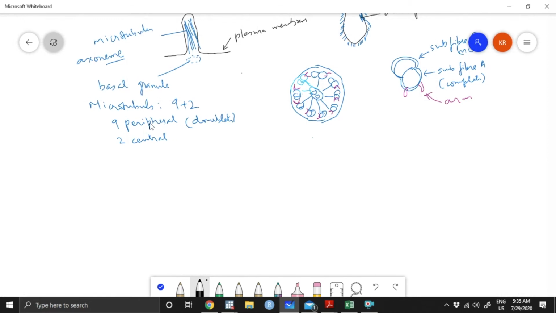So microtubules are nine peripheral doublets and two central, which are separate.